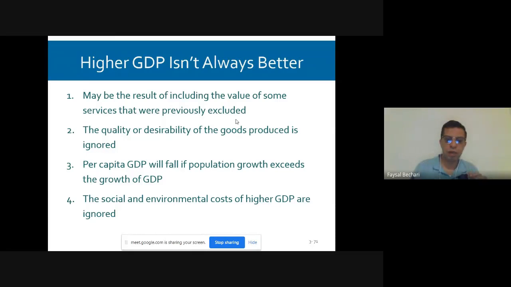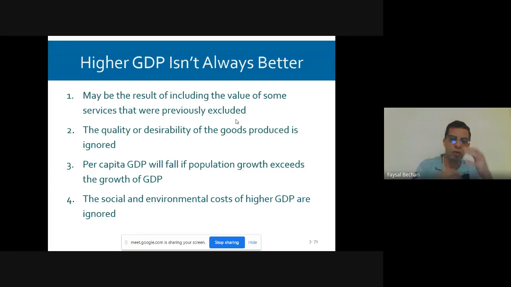Now, the other thing you might see is that per capita GDP will fall if population growth exceeds the growth of GDP. Sometimes the GDP increases, but the GDP per capita goes down because there is a boom in population. Say the population growth is 20% and the GDP growth is only 10%.